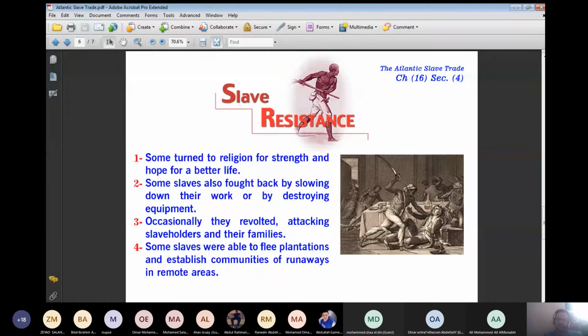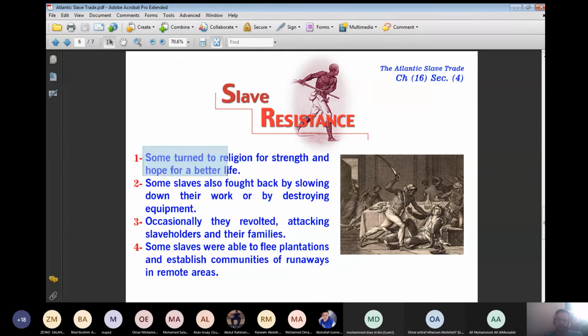After reaching over there, by the way, they are going to face their destiny, that they will be treated not like any human. They will try to resist. And we have four examples of their resistance. First of all, they will turn to religion for strength and hope for a better life.